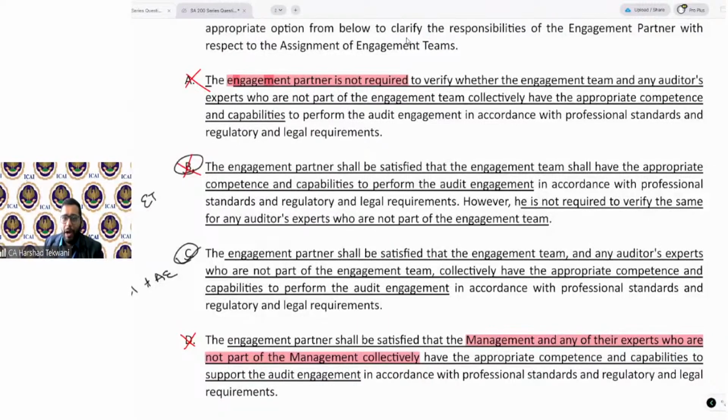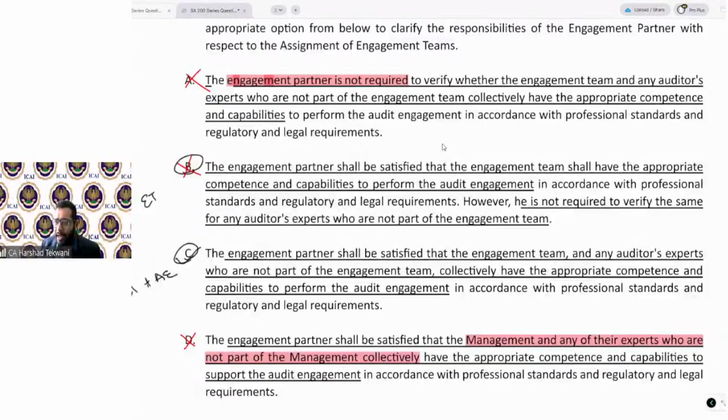Any doubt? If no doubts, then I would like to start SA 240.